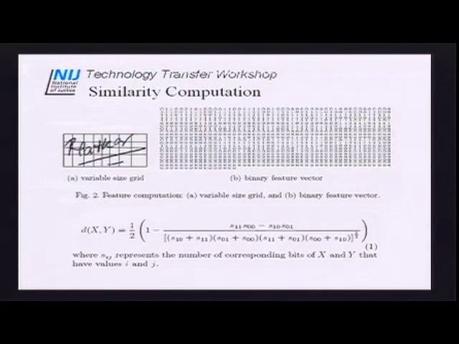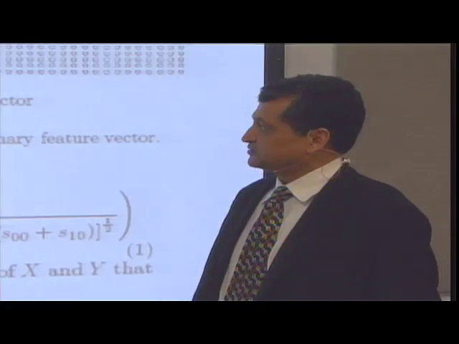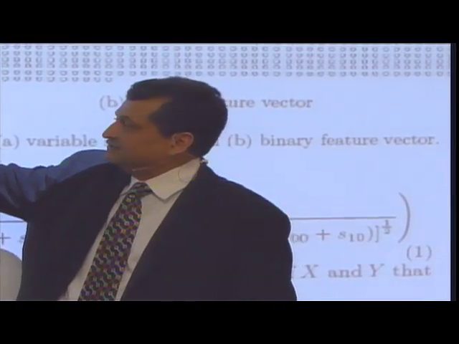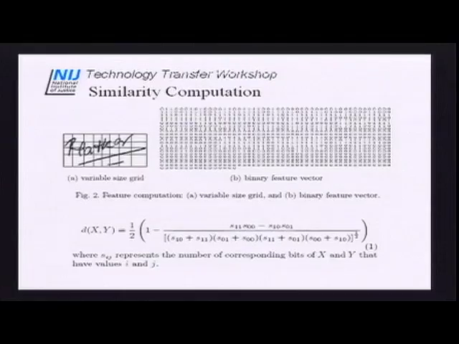This one is, again, a fairly simple idea, very similar to what I talked about earlier in terms of the shape of something. We take the signature and superimpose on it a grid, typically of size 8 by 4.